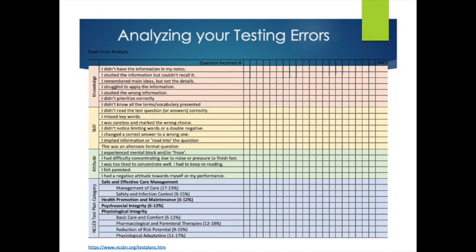I better make sure I slow down and read that in its entirety and that I'm extra careful with my selection. By paying attention now, even as a sophomore, even as a junior, and thinking about how you're testing and how your mistakes are piling up and what areas they're in, you're going to become a better test taker, a better student performer, and you're going to have better confidence when you get into that NCLEX situation.